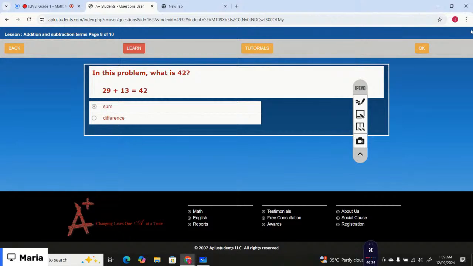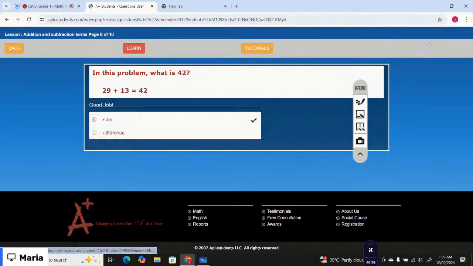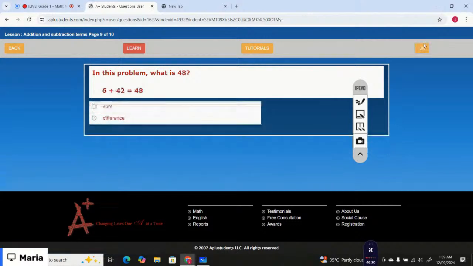Got it? Okay, the next one is, in this problem, what is 48? So you're adding two numbers, 42 plus 6, right? That means that is a sum of 42 and 6. The answer is 48. Got it, everyone?